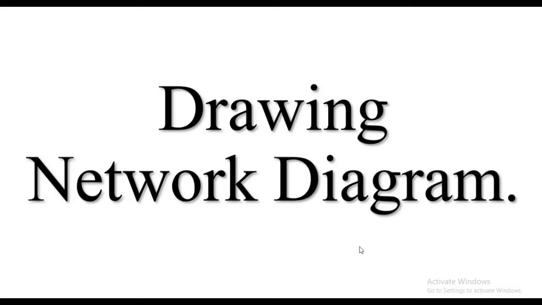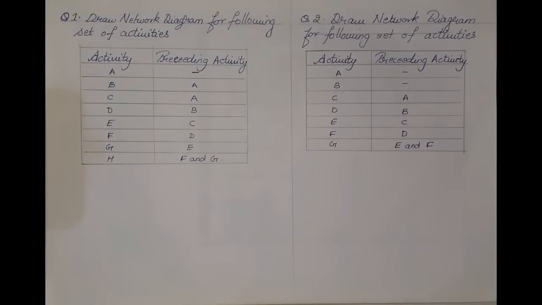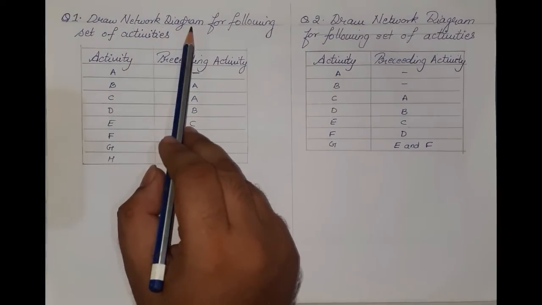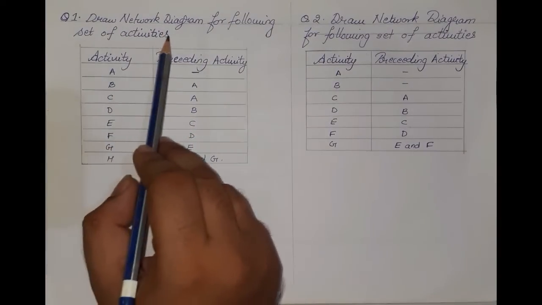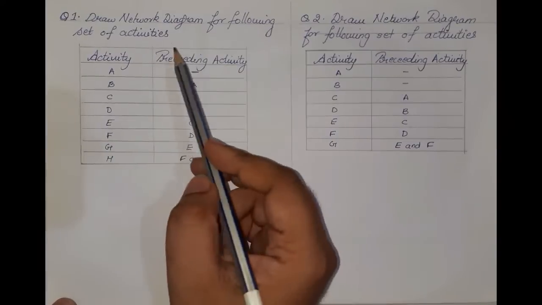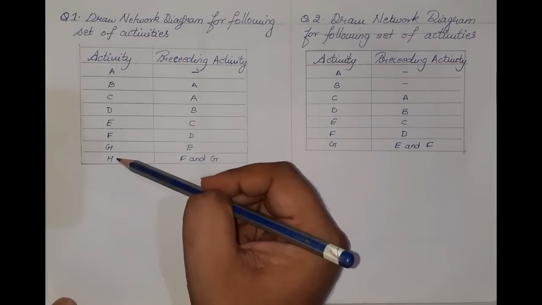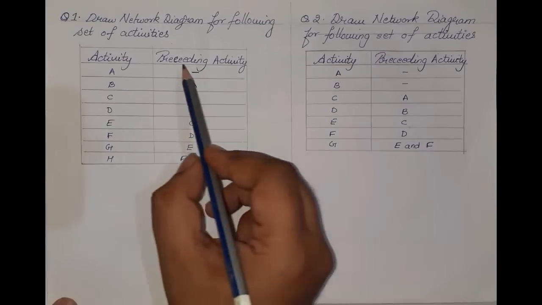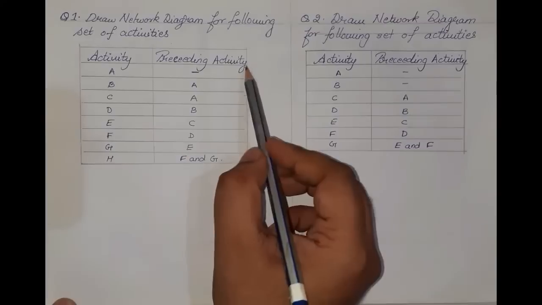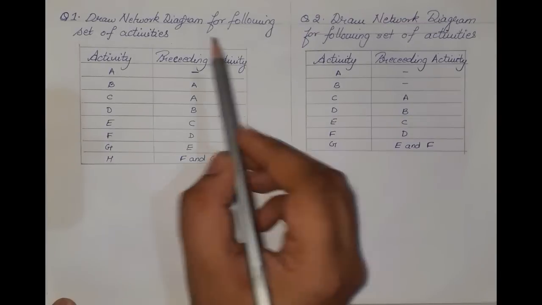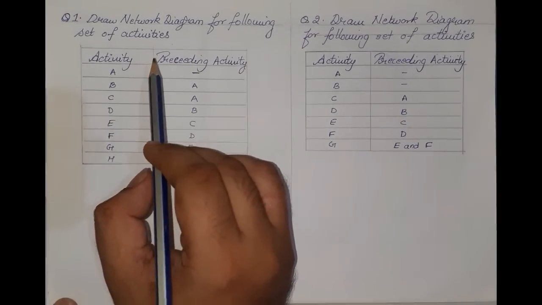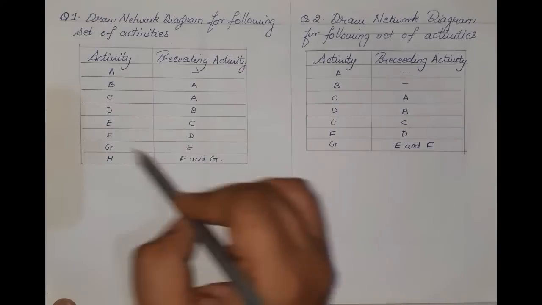Now let us see how to draw a network diagram for the following set of activities. In the question, we have been given various activities from A to H, and thereafter we have been given the preceding activity. Now let us see how to draw the network diagram based on this question.